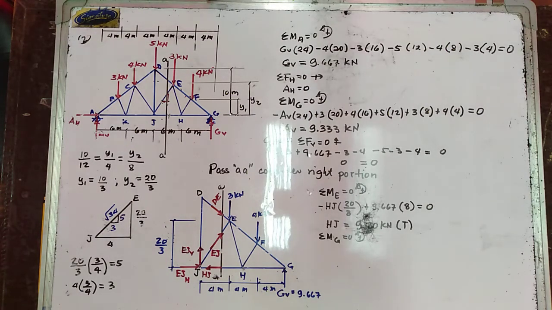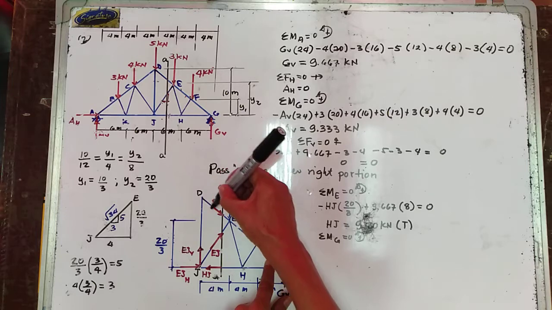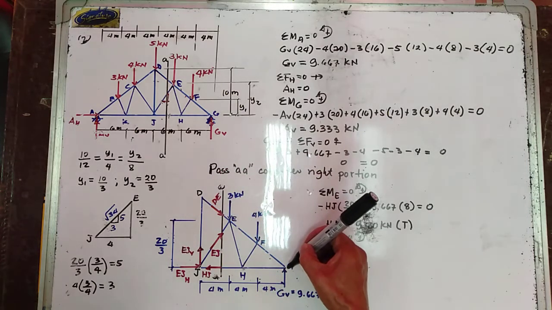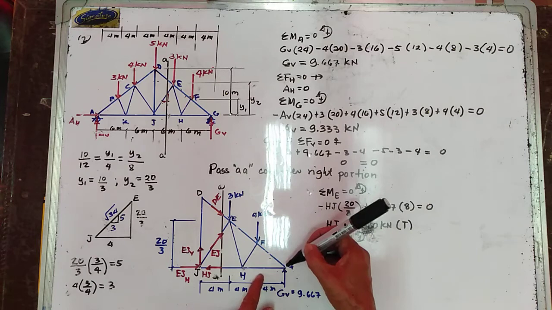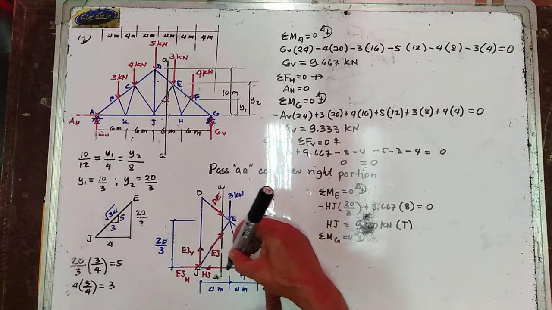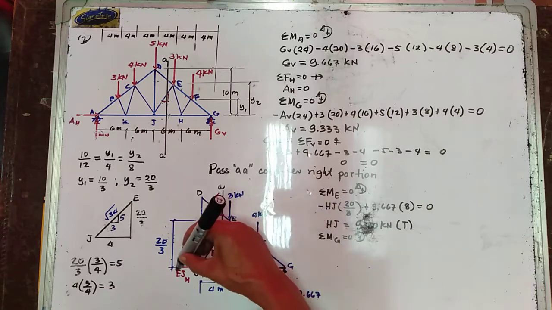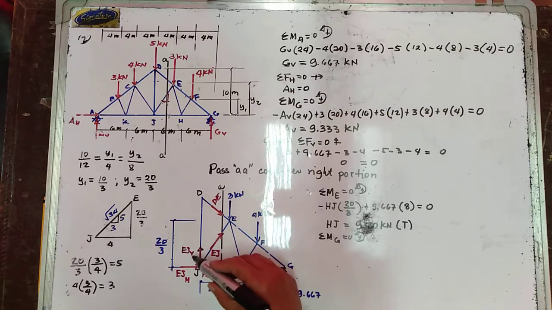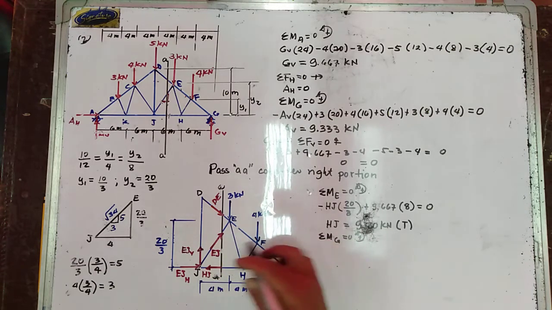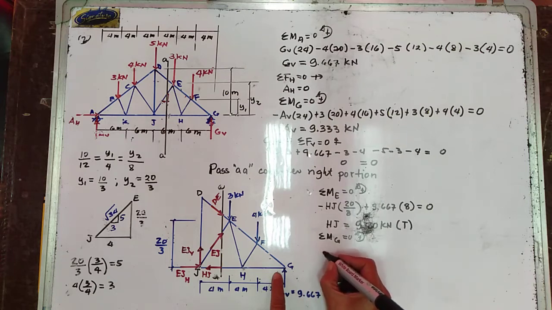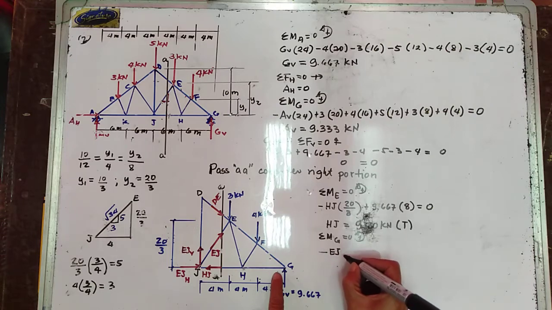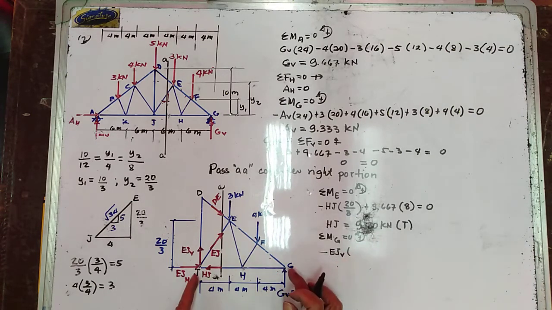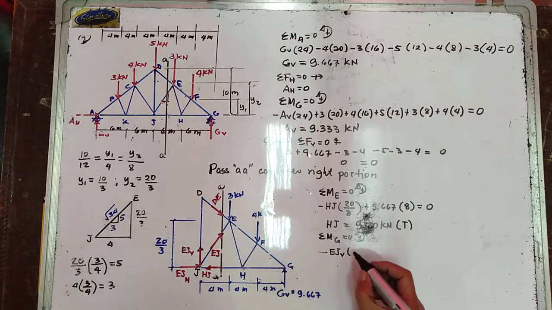Now, moment about point G is equal to 0, counterclockwise moment positive. DE has no moment about point G. So your HJ has no moment about point G. EJ horizontal has no moment about point G. So it will only be the vertical component of EJ, and EJ is going clockwise. So minus EJ vertical. Now the moment arm is 12.